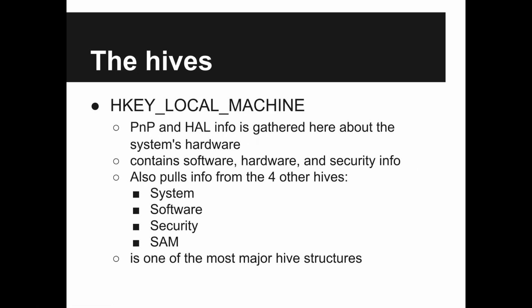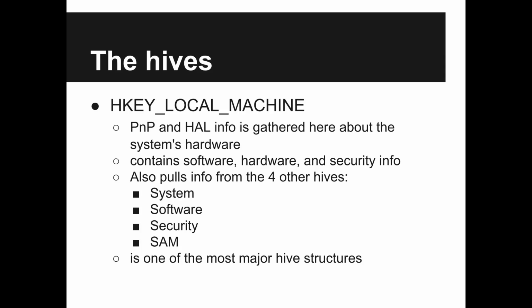HKey local machine is one of the most important hive structures in the registry. It works with other hives to store all the information related to software and hardware on the current local machine and security information that pertains to it. Also plug and play information as well as HAL info, otherwise known as hardware abstraction layer information, is gathered here to catalog and enumerate all of the system's hardware.